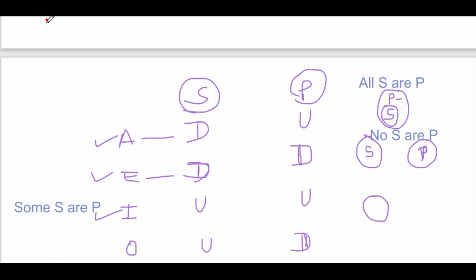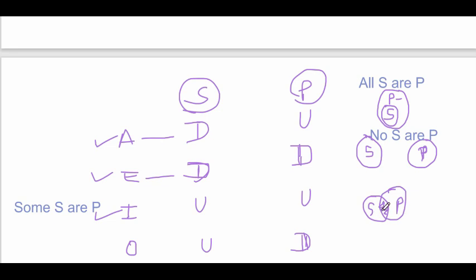So in a Venn diagram, it would be like this. This is S and this is P. Now some part of this S is in P and some part of the P is also in the S. So they are both undistributed. They are not completely inclusive and exhaustive.